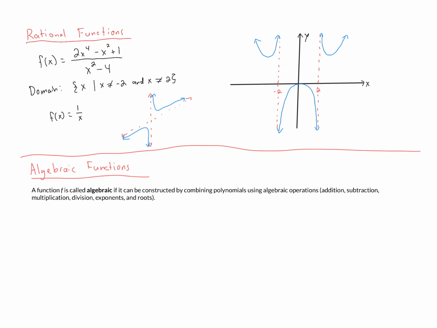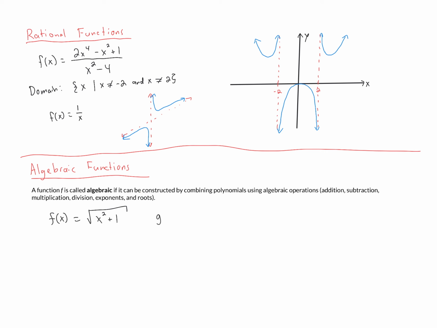So everything we've seen so far counts, but we can also break out of some of those strictly defined categories and combine these functions in interesting ways. For example, f of x equals the square root of x squared plus 1 is the square root of a polynomial function, and that counts, right? We can take a root of a polynomial.